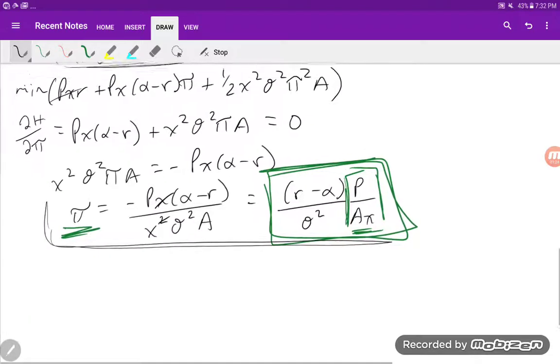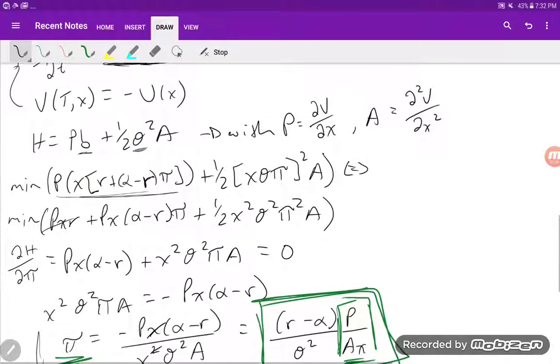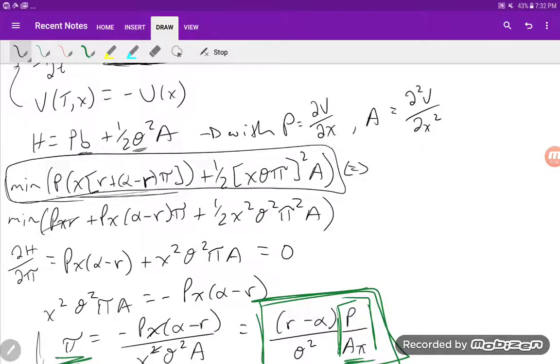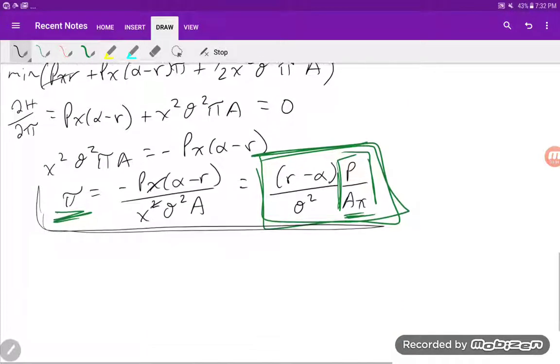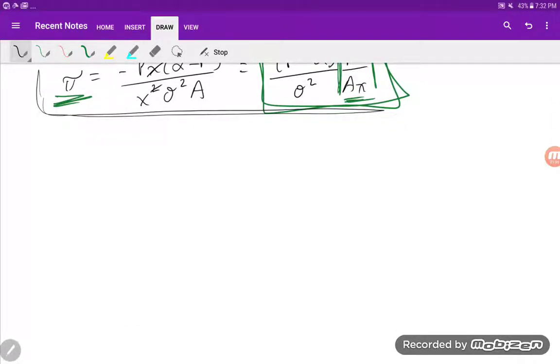So we'll refill that into our Hamiltonian here, and we'll drop the minimum operator. So H now becomes pxr plus px alpha minus r.